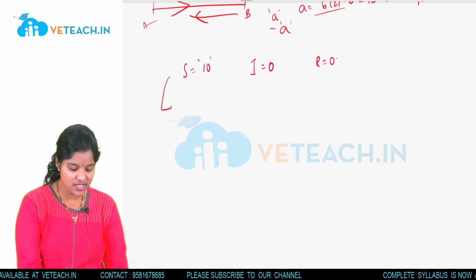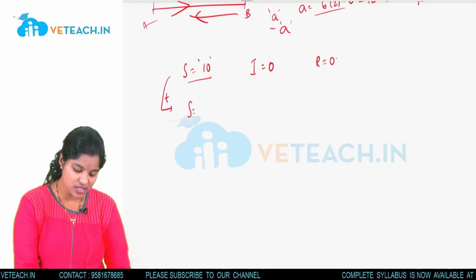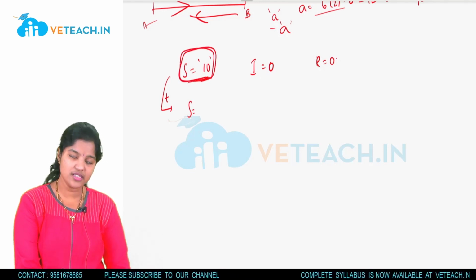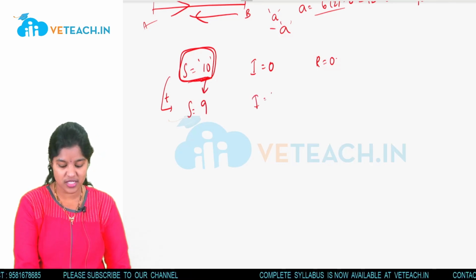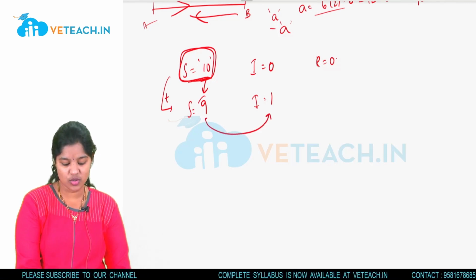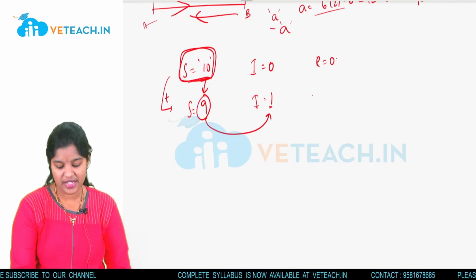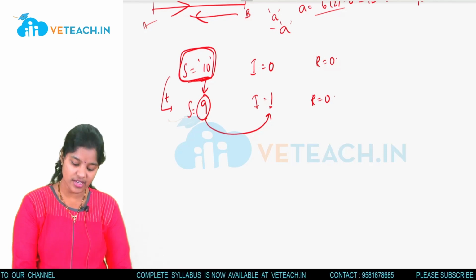But after some time t, I have found that the persons who are not infected, that is the healthy persons, are reduced from 10 to 9 and the infected person is increased to 1. Here one person is attacked by infection. So the healthy persons are 9, the infected persons equal 1, and recovery is 0. Let us take another example.